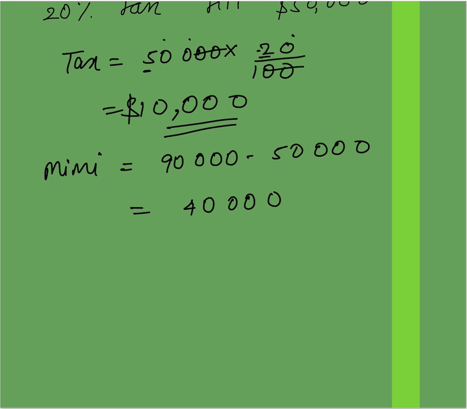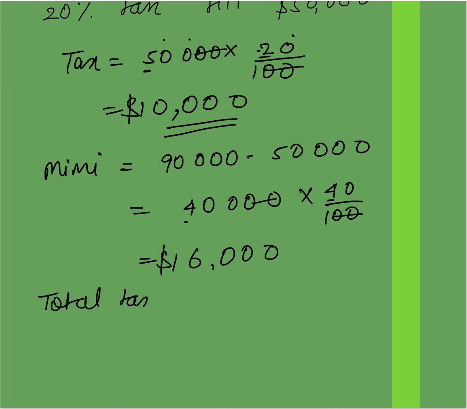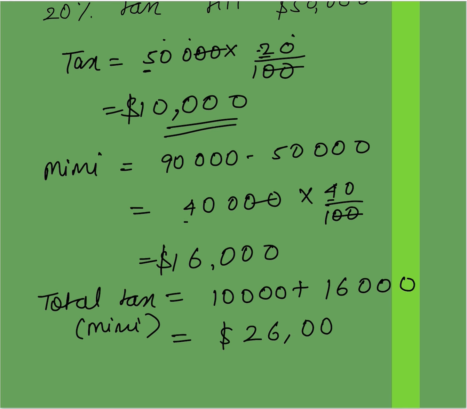So if you calculate tax, this will be into 40%, cancel the zeros. 4 into 4 is 16, and then 3 zeros are left. So the total tax paid by Mimi will be 10,000 plus 16,000, which is $26,000. Okay, this is Mimi's tax.